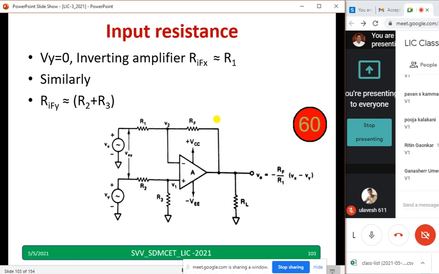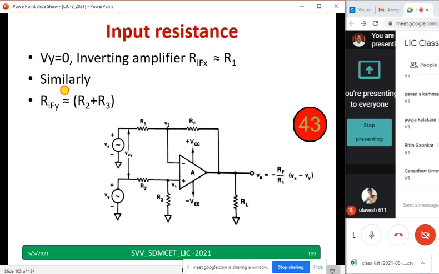Now input resistance. Please try to understand, it's very simple. Diagram is with you, no need to copy again and again. Vy equal to 0, inverting amplifier, Rifx equal to R1. So let us consider this 0, I have made it 0. Now from this point, if I see the resistance, this is a virtual ground, so resistance will become R1.